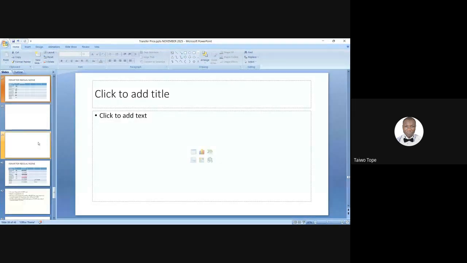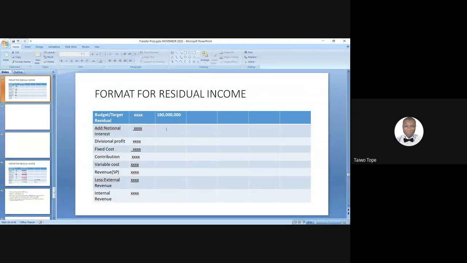So the notional interest will be what? 12% of 3.2 will give you 384,000. Should be million, right?